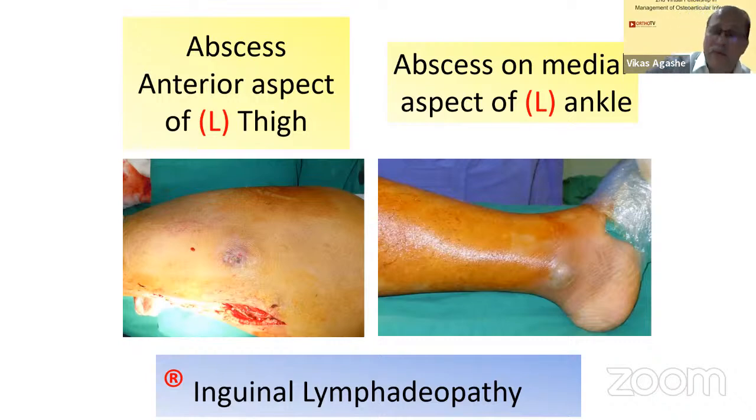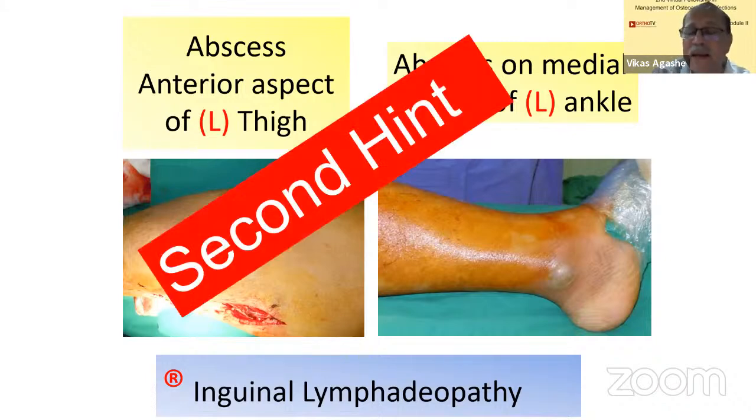So the femur was infected on the left, osteomyelitis on the left side. He had a soft tissue abscess, anterior aspect of the left thigh, that is the same thigh. He had an abscess on the medial aspect of the same ankle, and he had a right inguinal lymphadenopathy on the opposite side. So this is a second hint.